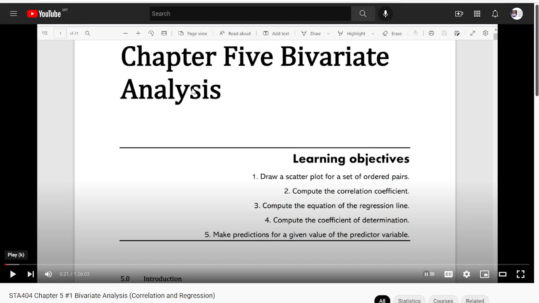That is how to draw a scatter plot and how to interpret information from the scatter plot, and how to compute manually the correlation coefficients, obtain the equations for the regression lines, and then compute the coefficient of determination and make prediction based on the regression equation line. And also in this video, I also have discussed how you are going to interpret the result that you obtain from the SPSS output.